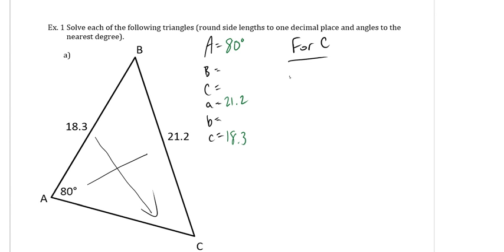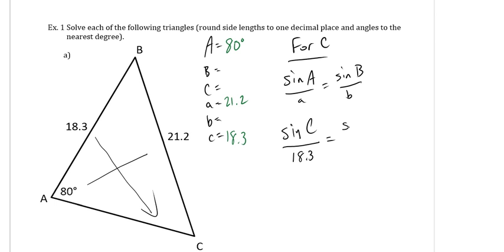I'm going to use sine law, so sine A over A equals sine B over B. This is the weird one. We talked about this yesterday. If you don't like that, you could use the formula sine C over C equals sine A over A and just use the same variables. If you use different variables in the formula, you're not going to get marked wrong or lose marks or anything, so that would be fine. But this is weird because now I'm subbing C in for A: sine of C over the side length across from it, 18.3.